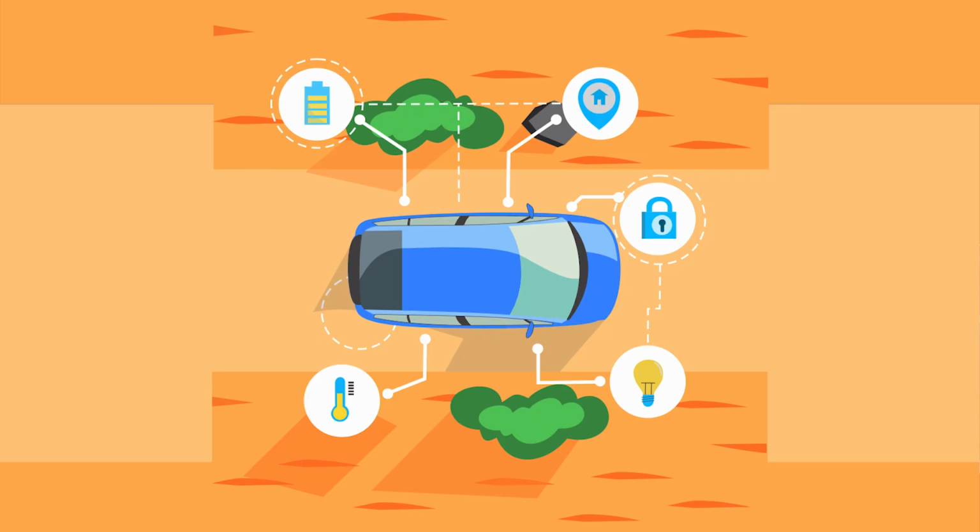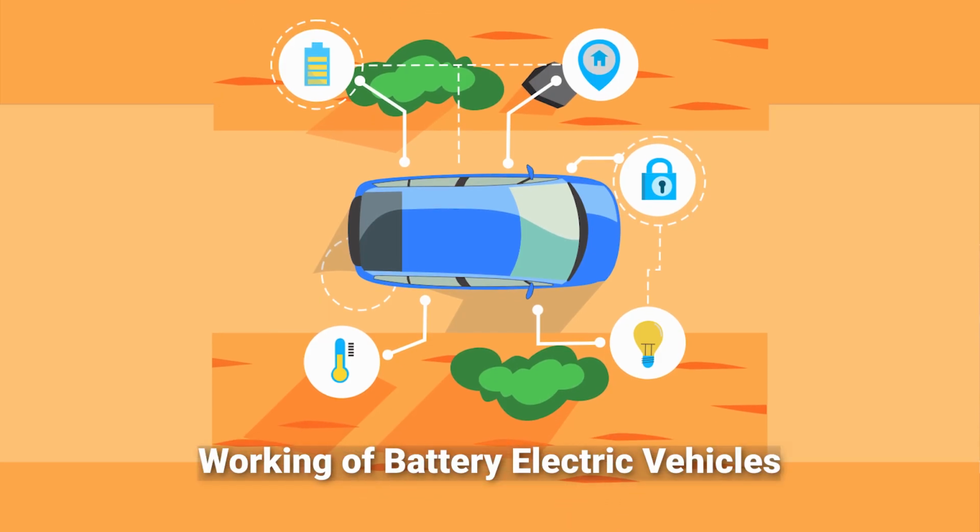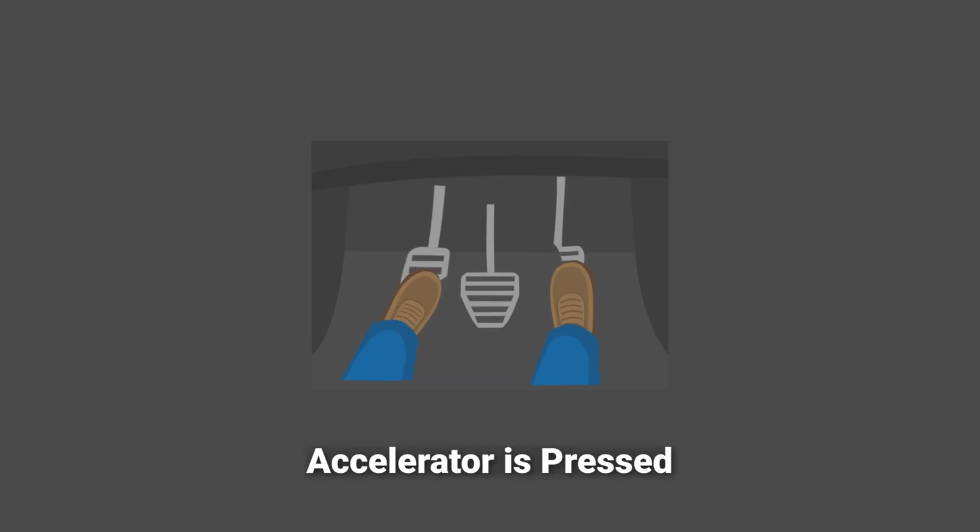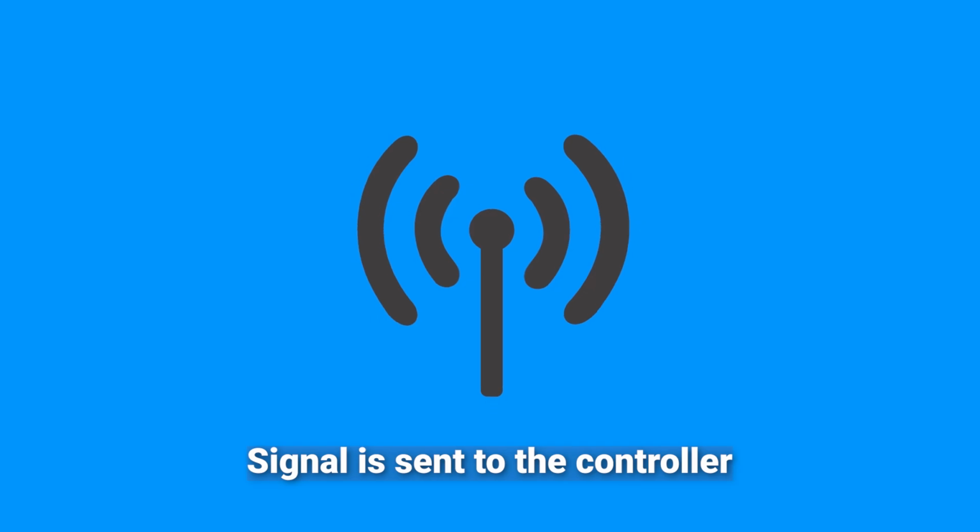So students, let's discuss the working principle of battery electric vehicles. The power for the electric motor is converted from the DC battery to AC. As the accelerator is pressed, a signal is sent to the controller.